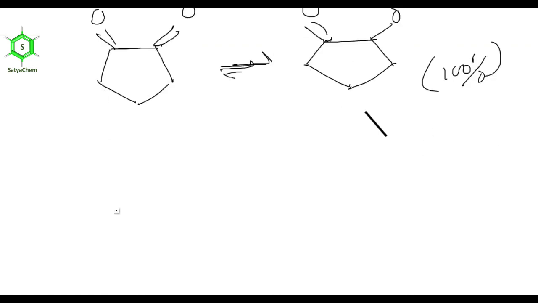Now I'm going to show you another example. This molecule. Here enol content is not possible. Just think why enol content is not possible. Now let's consider what will be the enol form.